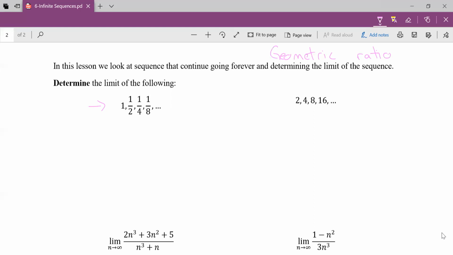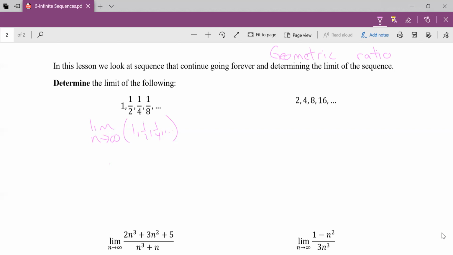The sequence is 1, a half, a quarter, an eighth. So look at our numbers here. They're continually getting smaller and smaller and smaller. So what happens as n goes to infinity of this function? Well, this thing is going to approach 1/8, 1/16, 1/32, 1/64.